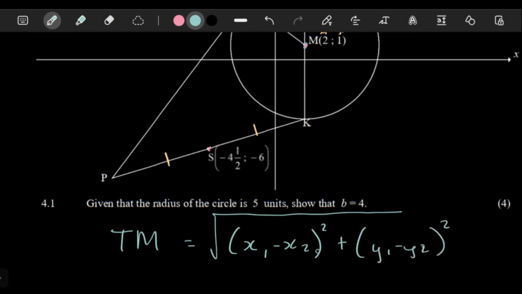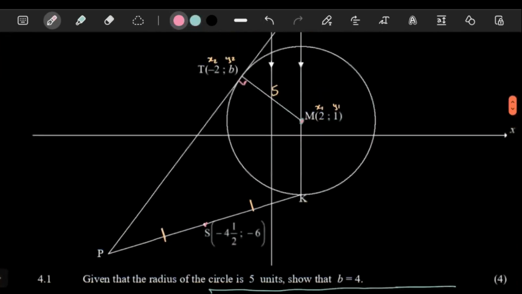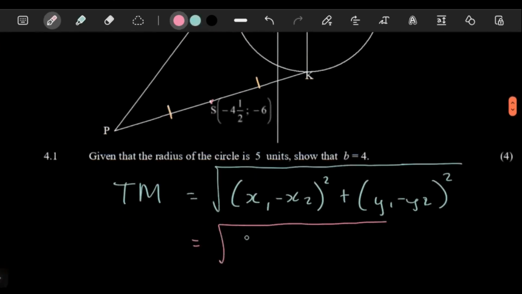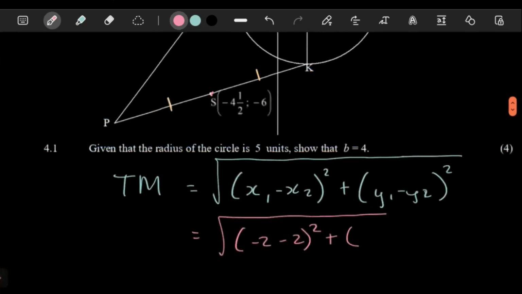It doesn't matter if you start with 1 or 2, as long as they match. So in this case, we're going to say -2 minus 2, so it's going to be -2 minus 2 squared. And then 1 minus b, 1 minus b squared. There we go.